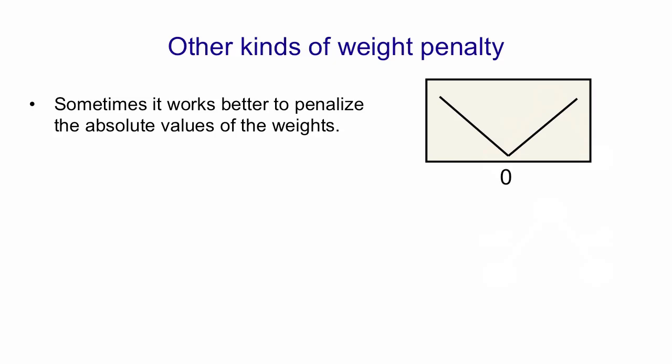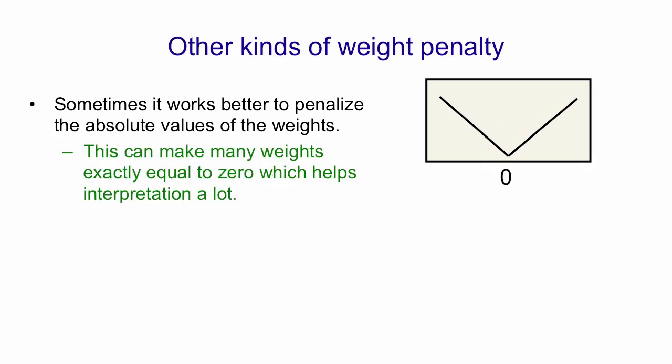There are other kinds of weight penalty, for example an L1 penalty, where the cost function is just this V shape. So here what we're doing is we're penalizing the absolute values of the weights. This has the nice effect that it drives many of the weights to be exactly 0, and that helps a lot in interpretation. If there's only a few non-zero weights left, it's much easier to understand what's going on.